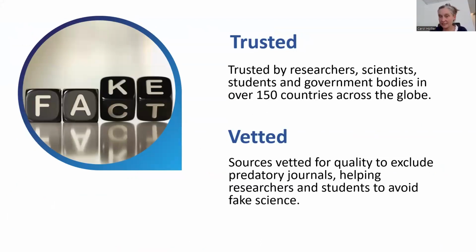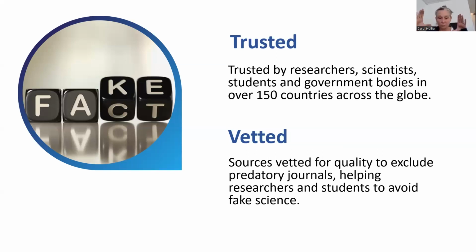FSTA as a database is curated by our editorial team. We do this so that we are trusted by researchers, scientists, and students, as well as government bodies in over 150 countries across the globe.